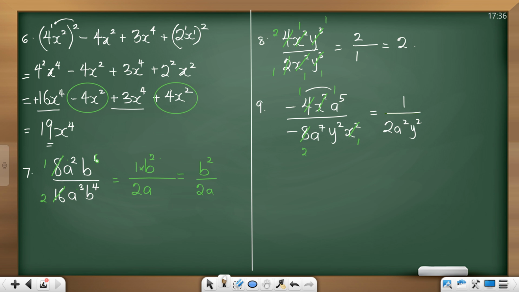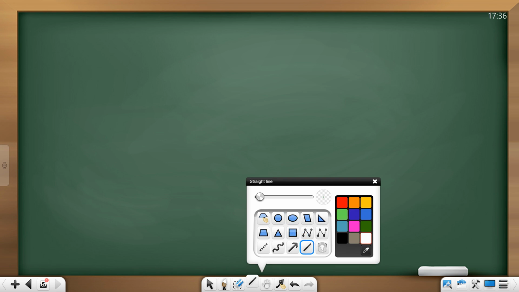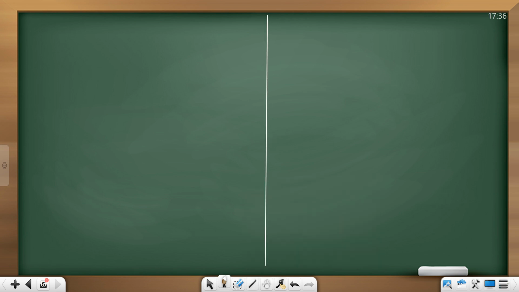Number 10. Negative 2x squared y cubed everything to the power 3 over 20 x to the power 7 y to the power 5. Now I am going to just go straight.